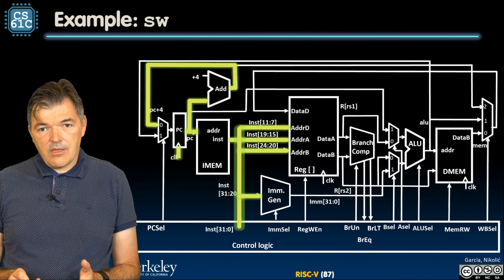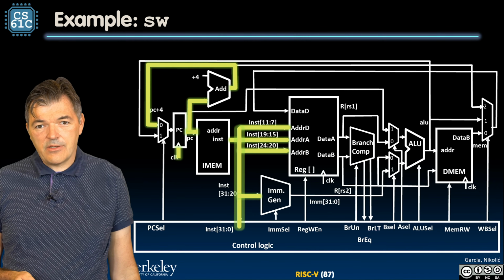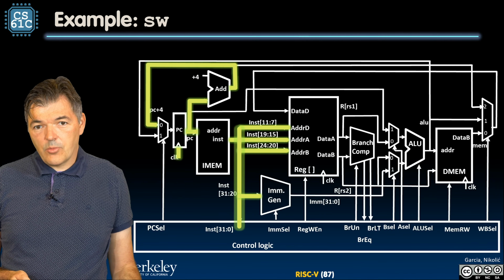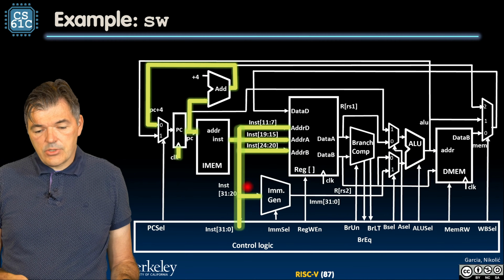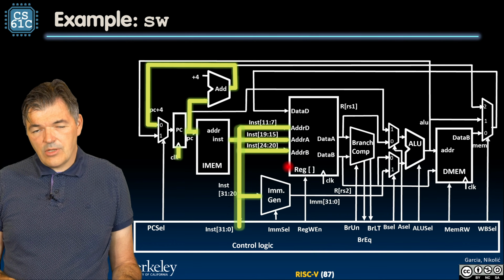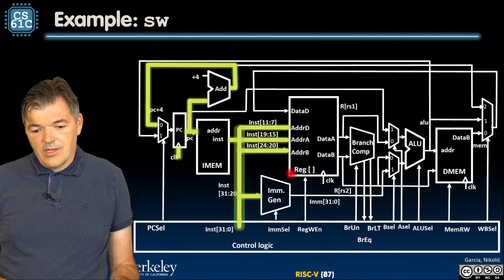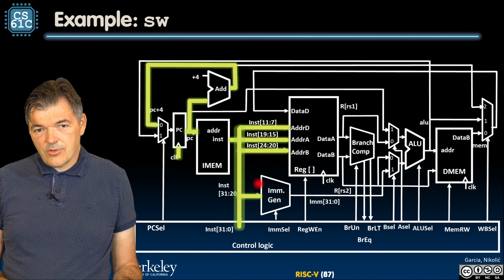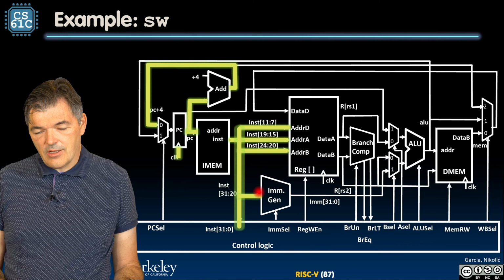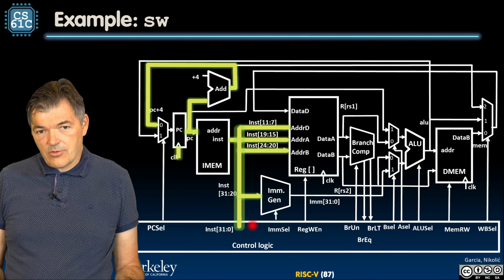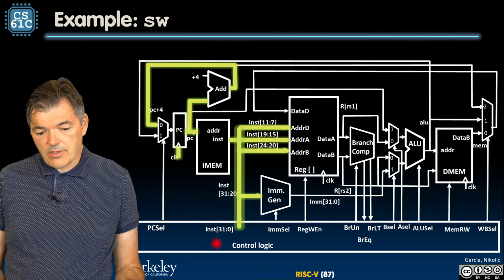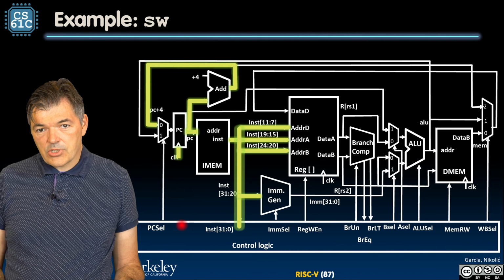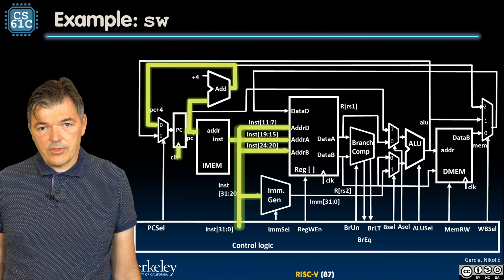We can get that data and then toss it later if we don't need it. But we don't have to wait for the control to proceed with that. Simultaneously, we can generate an immediate. We do need to know what kind of an immediate we want, so this is going to be gated by the control logic. But the third thing that we are going to do concurrently is determine which kind of instruction it is and what the values of the control signals should be.